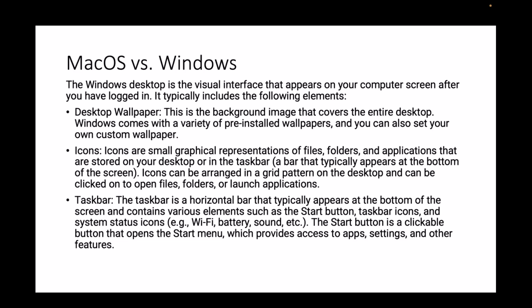contains various elements such as a start button, taskbar icons, system icons, and status icons such as your Wi-Fi, battery, sound, etc. The start button is a clickable button that opens the start menu, which provides access to apps, settings, and other features.